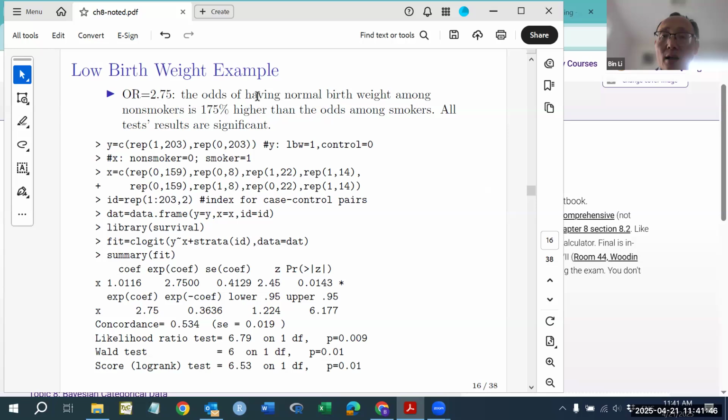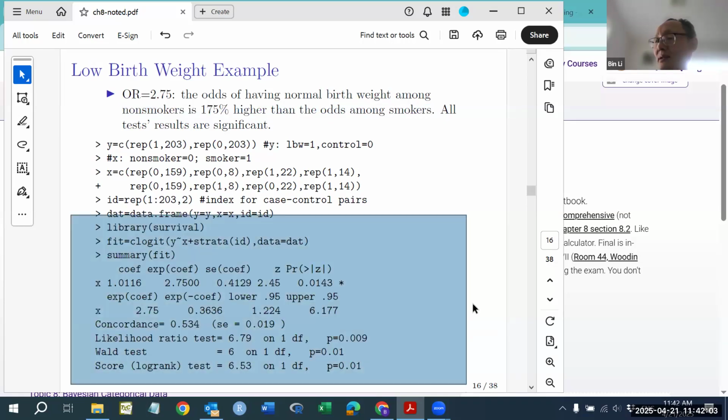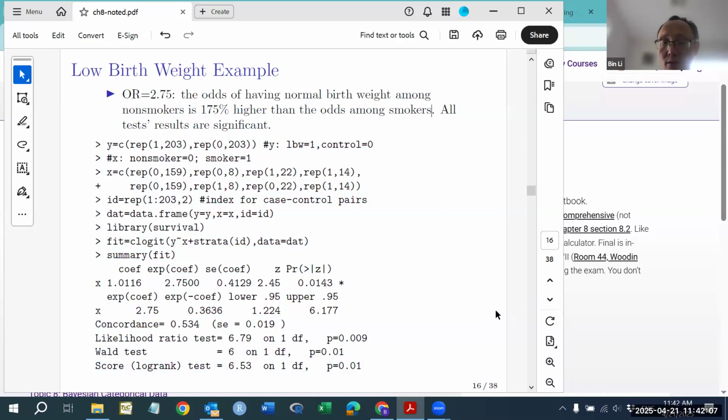So that means the odds of having normal birth weight among non-smokers are 175% higher than the odds among smokers. All these tests are significant, and this is the result. These are the codes in R.